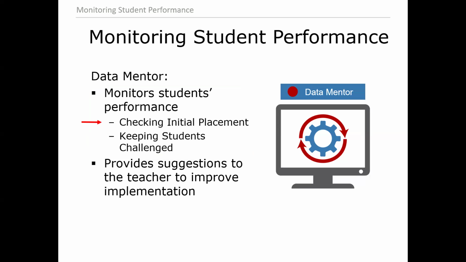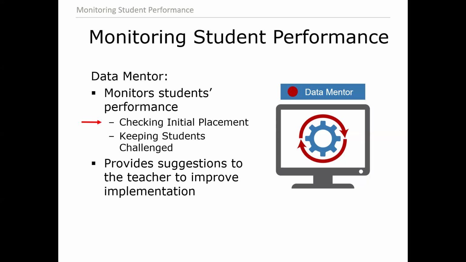With checking initial placement, this suggestion will appear possibly after 1 story, after 2 stories, and after 3 stories. And if it's after 2 or 3 stories, it's taking averages. So the computer is taking the data and creating an average for the data points. And then it's deciding whether or not they're in the right spot.